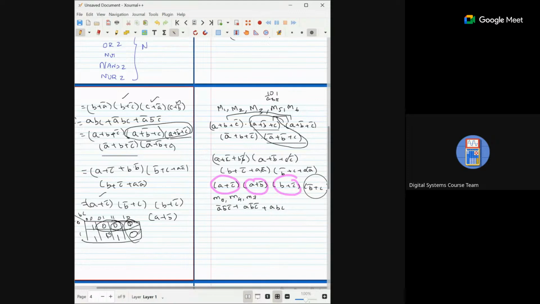Why I chose this method is that it is quite hard to identify which max terms have only 1 bit variation. Using the K map, I can identify that these two are adjacent and these two are adjacent. I can identify it very easily. So the Karnaugh map is helpful for you.